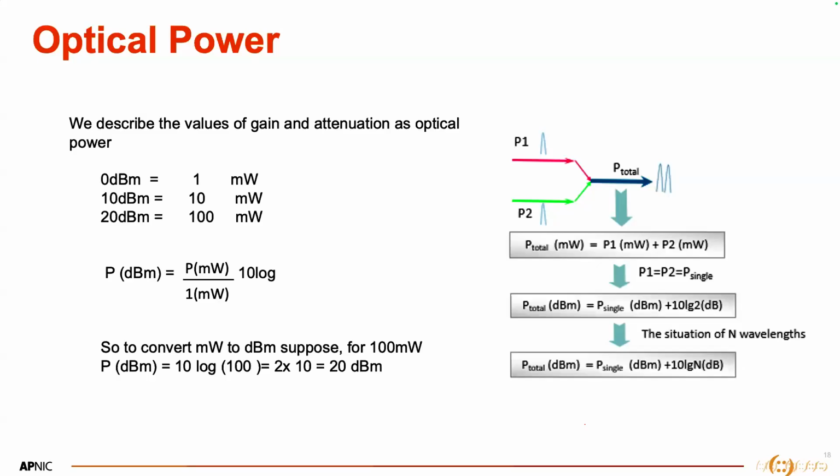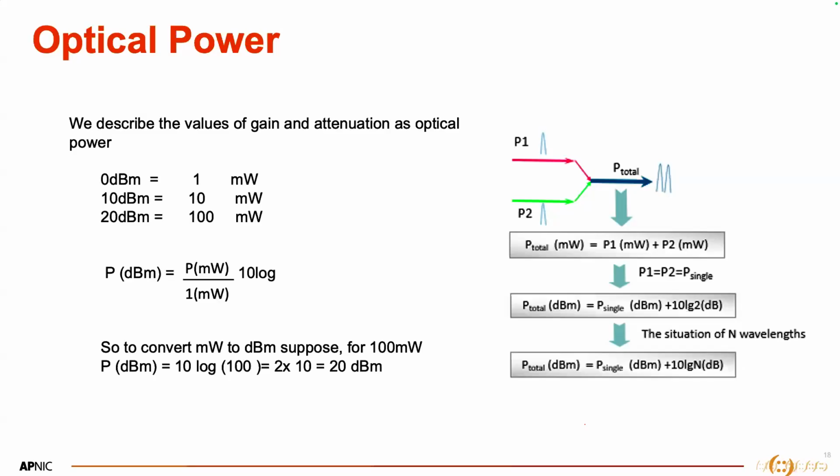Moving forward, as I was discussing, as you can see in the diagram, P1 and P2 are separately going from the transmitters, and after multiplexing both the signals, they have become P total. And as you can see in the diagram, in the P total, there are two wavelengths, right? So what is the relation in terms of optical power among these P1, P2, and P total?